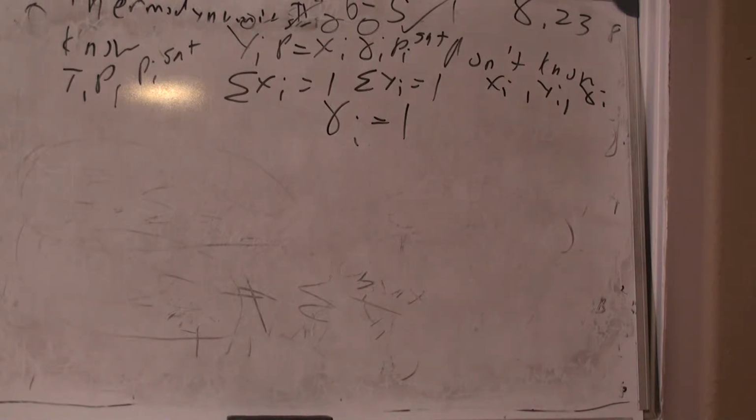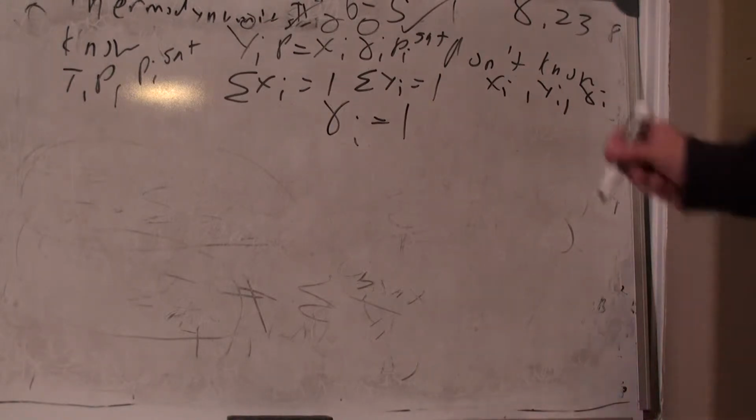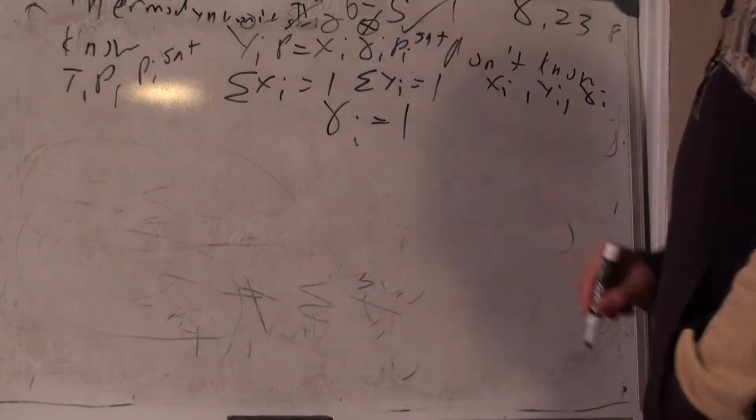It probably isn't, but let's do the math as if it were, okay? And then if we come back and use an activity model and find out gamma i is still equal to 1, well then that's good to know. But if it's not, then I have it set up so it's not a big deal. So I now have a value for gamma i.